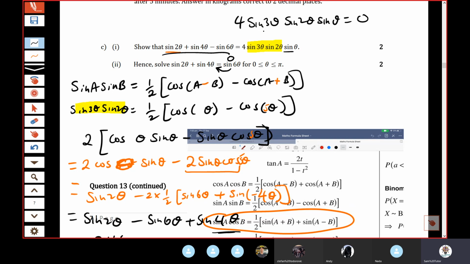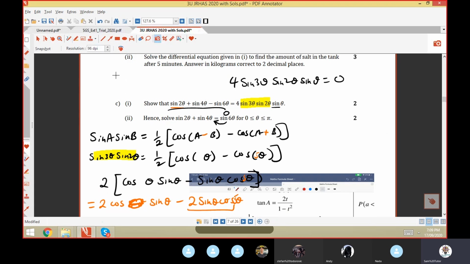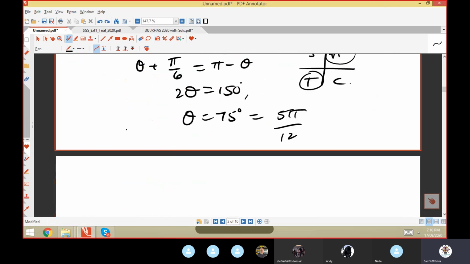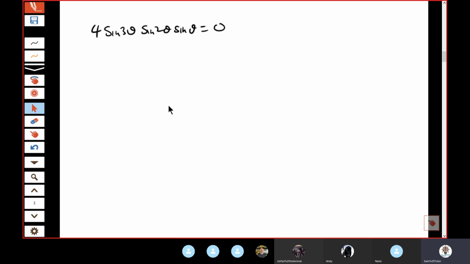Okay, what are we going to do with that? I was trying to avoid it. But so we're all okay with the equal to 0 bit? What are you going to do now? You can't avoid it. That's a clue. Yep, but how? You can't factorize sine because there's nothing like that.